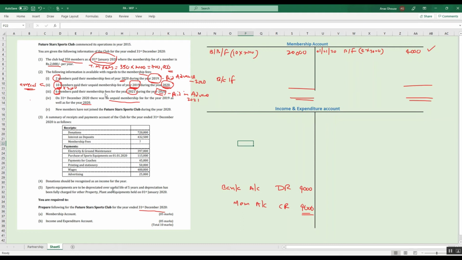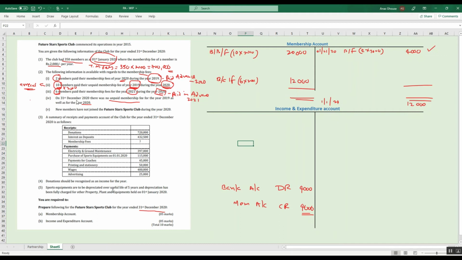Since it was paid in advance, it will be carried forward to the next financial period: 6 members times 2,000, that will be 12,000, shown as a credit balance on 1st January 2021 since we have received the amount in advance.